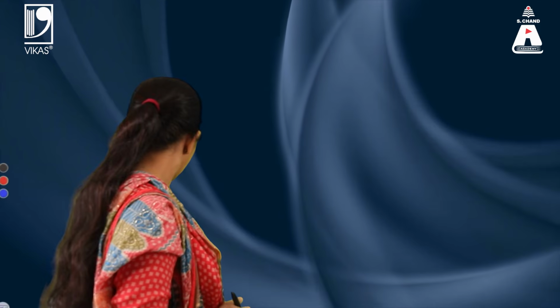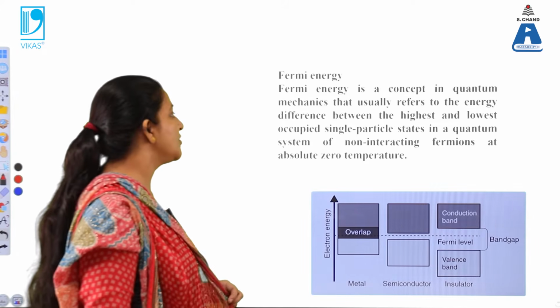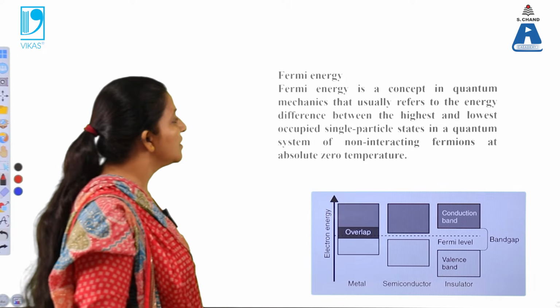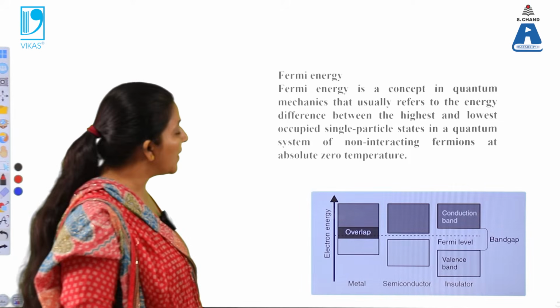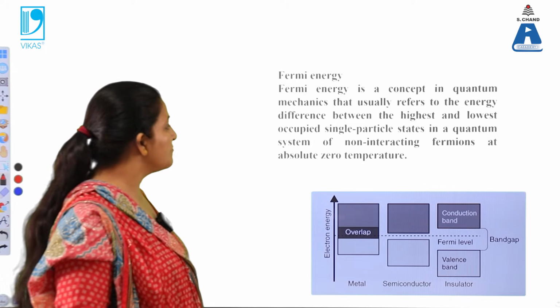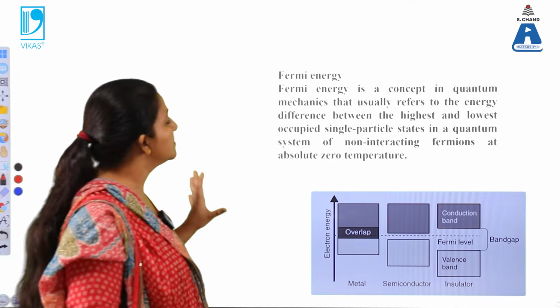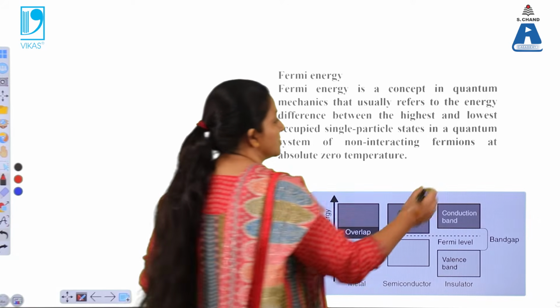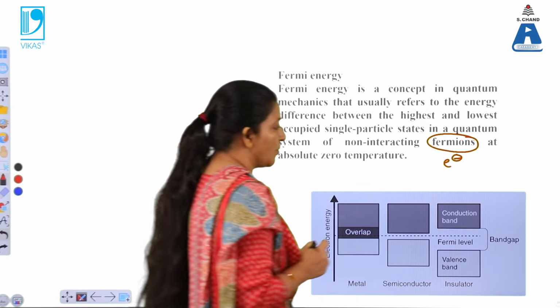Now the definition of Fermi energy: it is a concept in quantum mechanics that usually refers to the energy difference between the highest and the lowest occupied single particle state in a quantum system of non-interacting fermions at absolute zero temperature. So what does it mean? Fermions are basically electrons because they obey the Fermi laws.